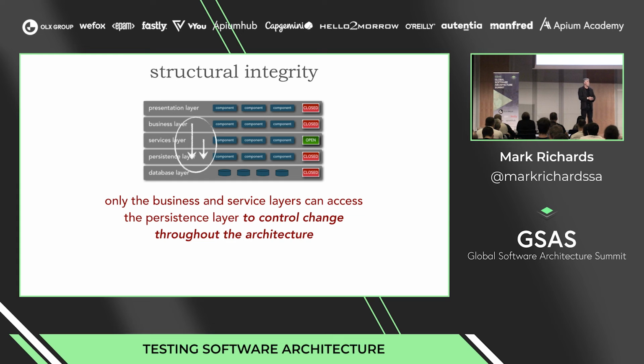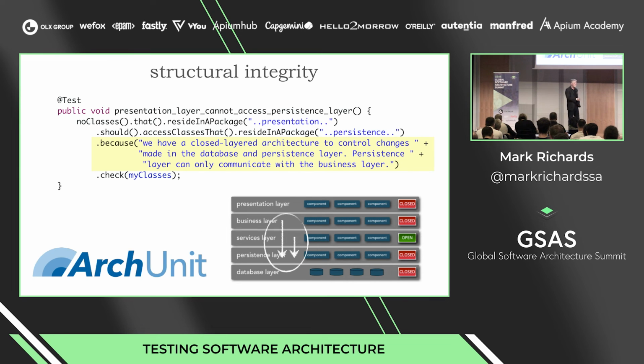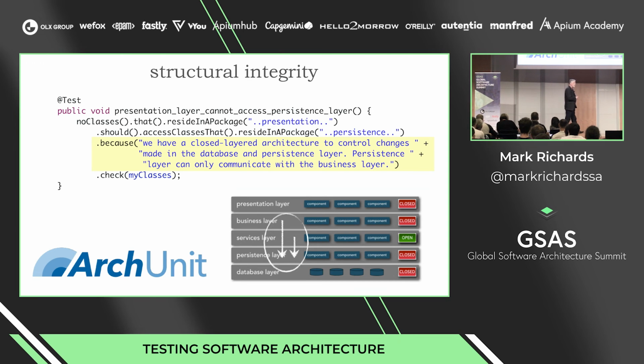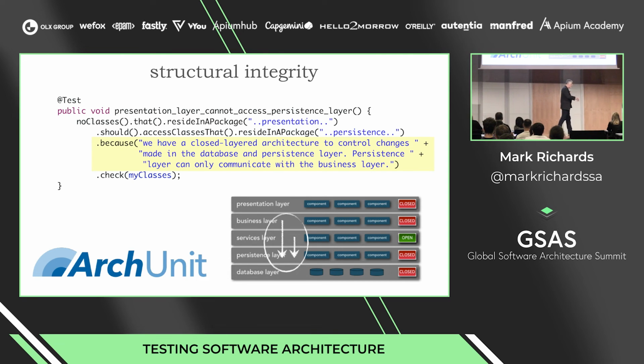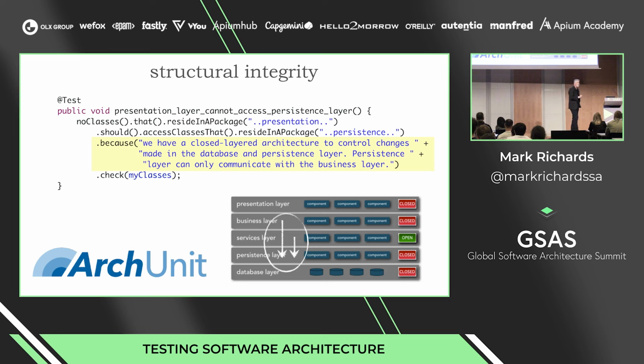Okay, that's a good reason, justification, but how do I maintain that structural integrity? This is how. Presentation layer cannot access persistence layer. Don't do it. Yeah, whatever. But it's faster, so I'm going to do it. No, you're not, because I have this structural integrity test in our system. No classes that reside in presentation should access classes that reside in a package persistence.